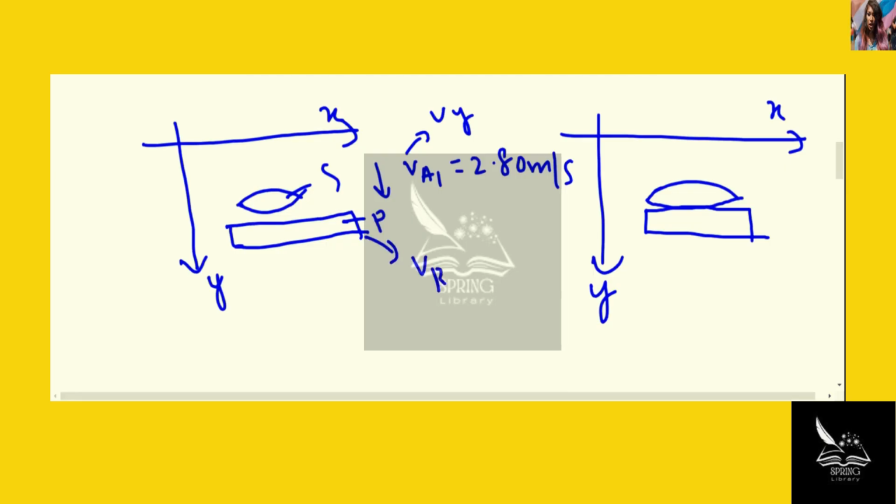And VB1 equals 0 because the pan is at rest. This is before, this is after. Now, because it has touched, it will have a common velocity V2. That is what we have to find out. So let's see how we are going to proceed.